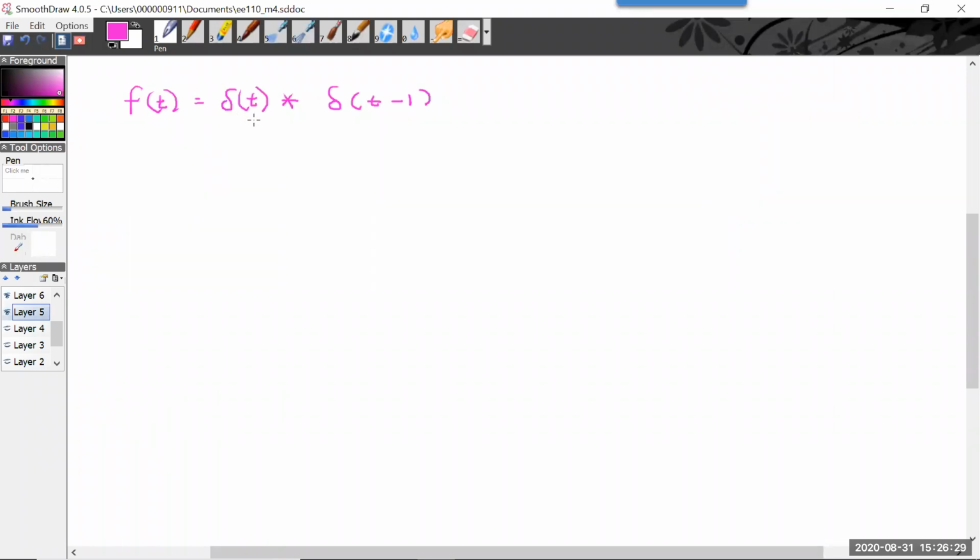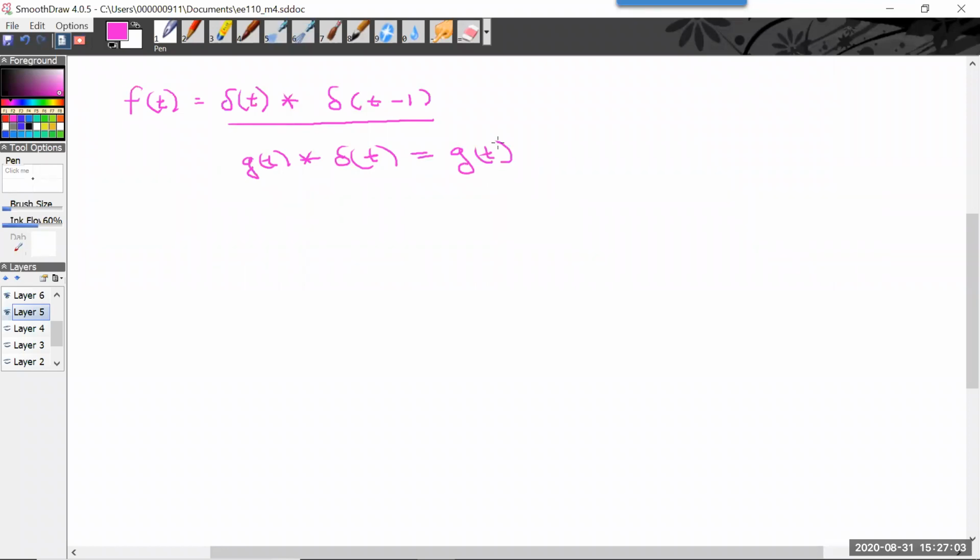So this is the convolution operation. Everything's in t, right? It's when we actually do the convolution integral. Now, there's just an identity: if you convolve anything with a delta function, you're going to get the original thing.